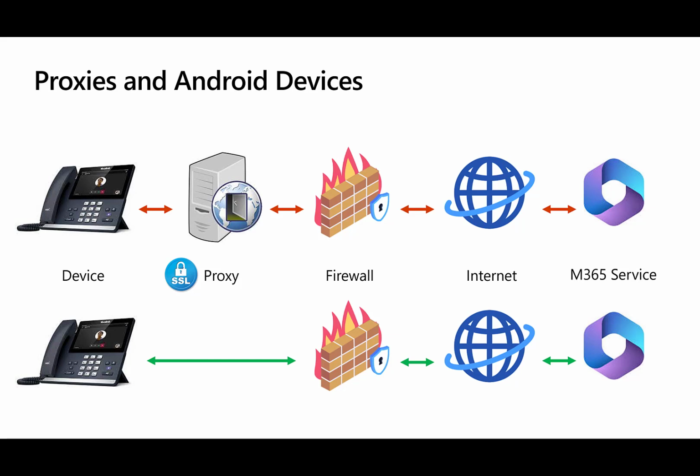So consider that your Teams devices, they're not domain joined, so they're not going to be able to trust your internally signed certificate that your proxy is going to give the device when it does an SSL decrypt and re-encrypt. And so that will prevent the device from obviously communicating with those URLs. So if that's enabled, turn it off. However, best practice advice is just bypass the proxy altogether for Teams traffic.